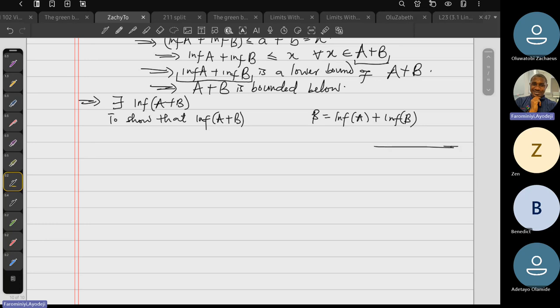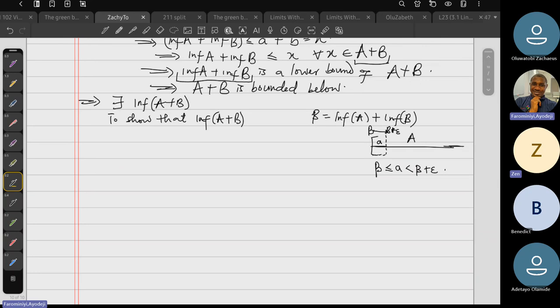If this is the set A, and this is the infimum here, the beta, the characteristic is that if we add an epsilon, no matter how small, so this is now beta plus epsilon, it will fall inside A plus B. There will be an A such that beta is less than or equal to A, which is strictly less than beta plus epsilon.